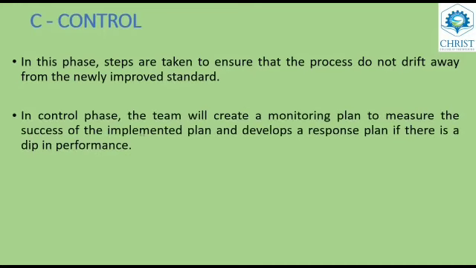So in control phase, the team will create a monitoring plan to measure the success of the implemented plan and develop a response plan if there is a dip in performance. Okay, so if there is a dip in performance after implementing the new plan, we have a monitoring plan to measure the implemented plan. Okay, and there is a response plan to respond to the monitoring plan.